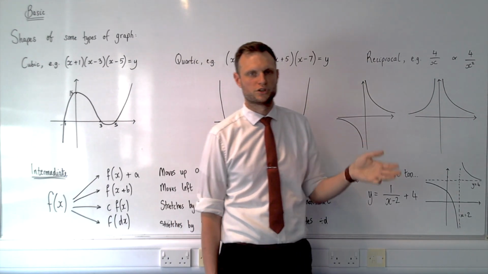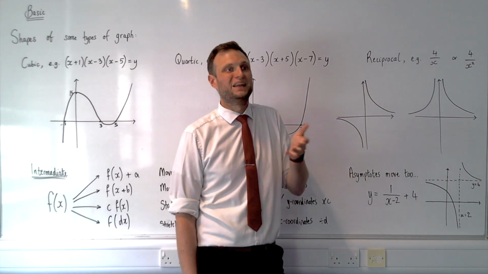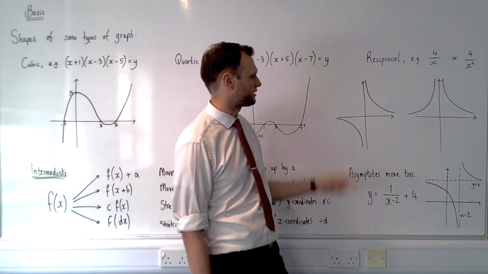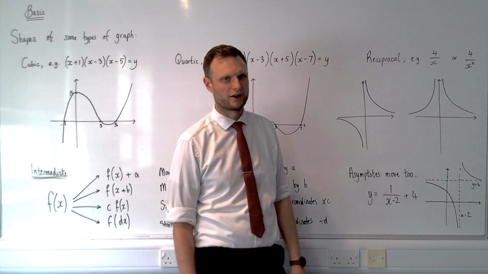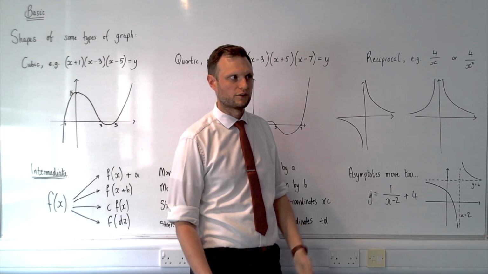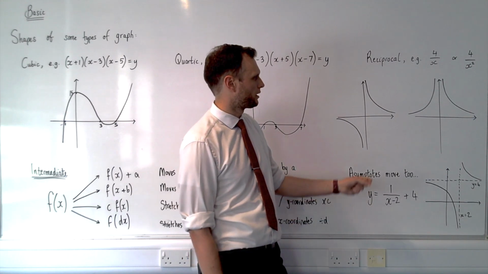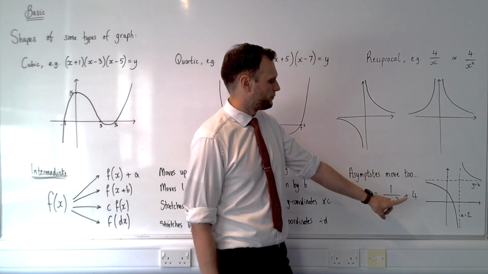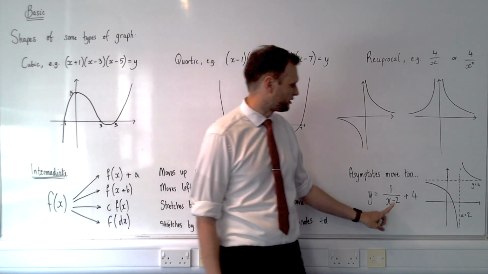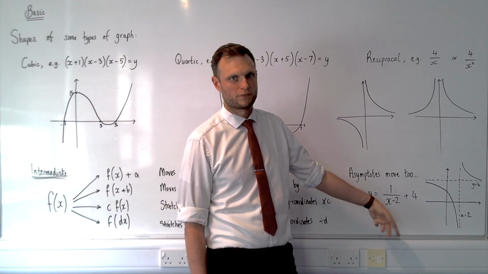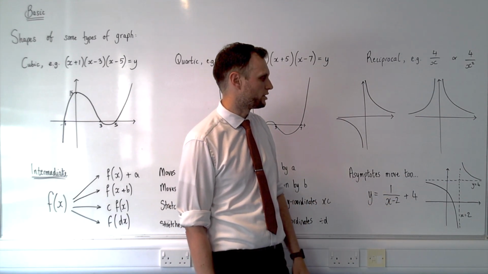If you put into your calculator 1 divided by a billionth, you're going to get a billion as an answer. And the same thing from the negative direction. If you divide by negative a billionth, then it goes down to a very large negative number. So that's why the bottom of this fraction can't be 0. So x equals 2 is where the asymptote is going to be.